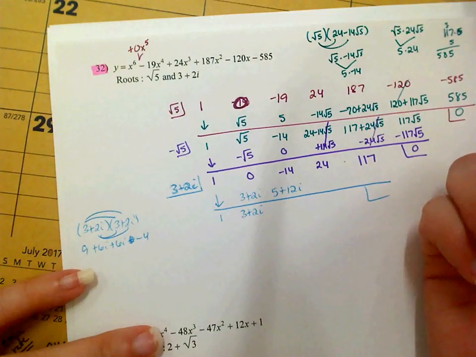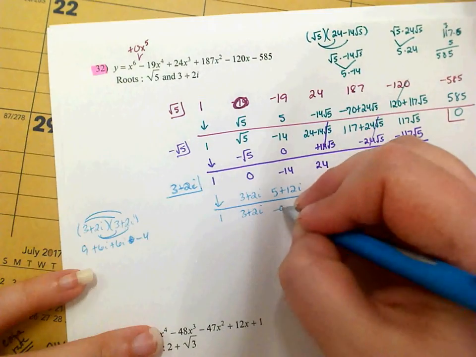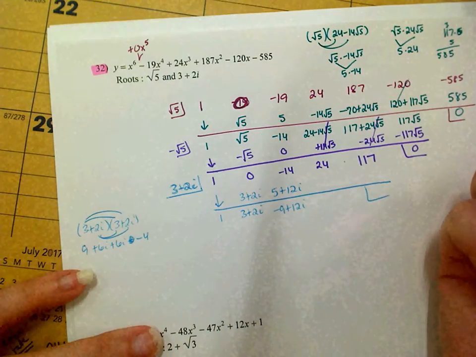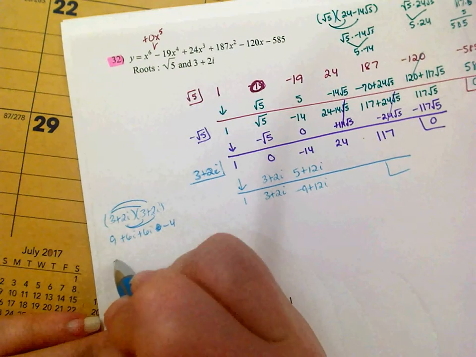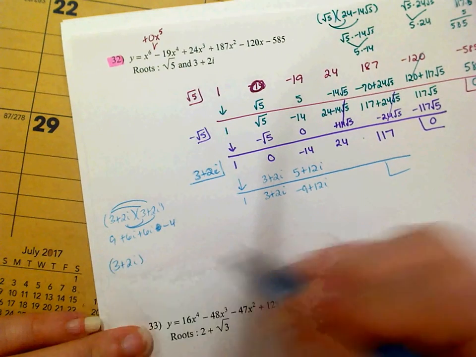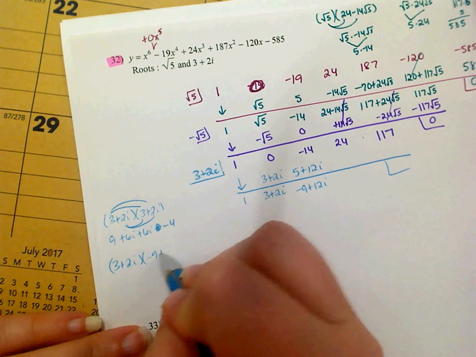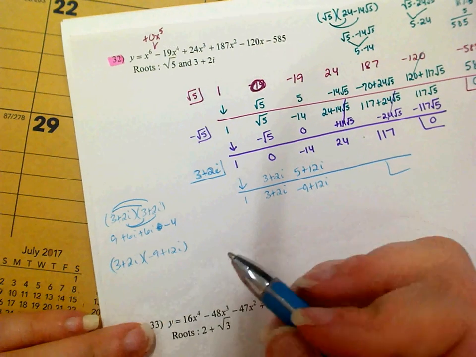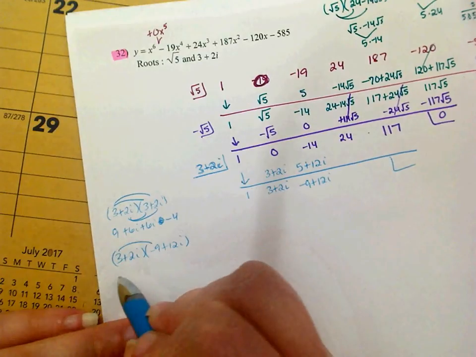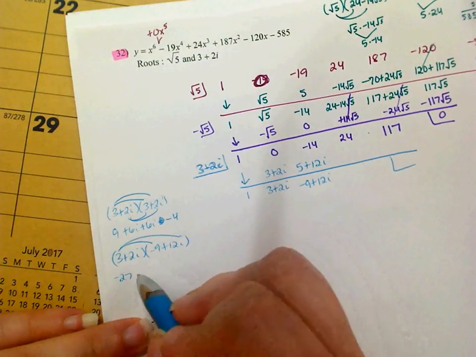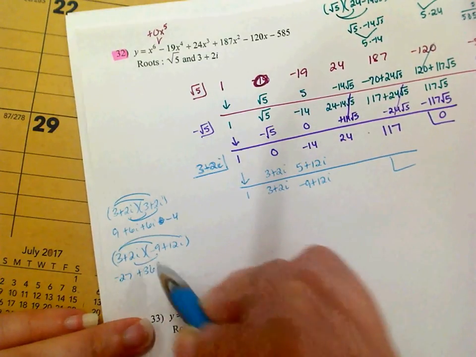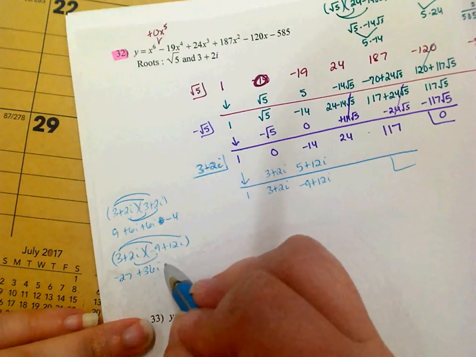Now I've got 3 plus 2i times negative 9 plus 12i, and so I multiply it. 3 times negative 9 is negative 27. 3 times 12i is 36i. 2i times negative 9 is negative 18i. And 2i times 12i is 24i squared, or negative 24.